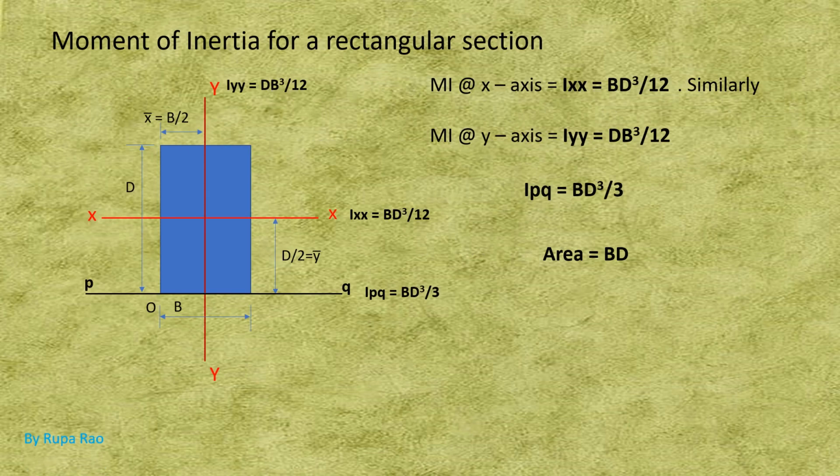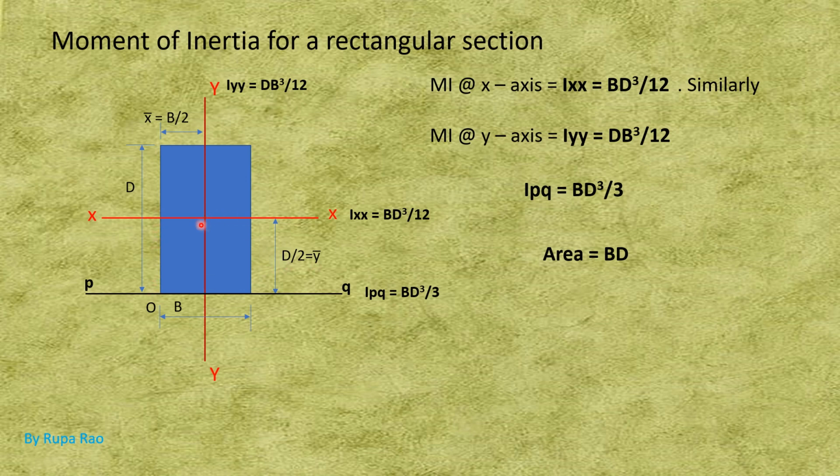Now we will see a few standard moments of inertia. Moment of inertia of a rectangular section about the axis xx, Ixx. Now this is the axis xx. This is a rectangle. The width of the rectangle is b. The depth is d. This is the center here. At a distance d by 2 is y bar, from here to here is y bar, that is d by 2.